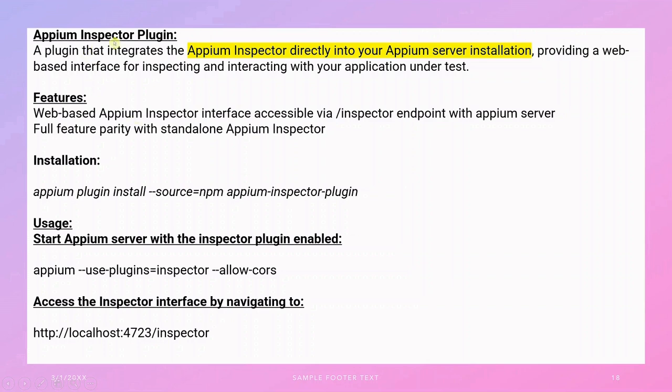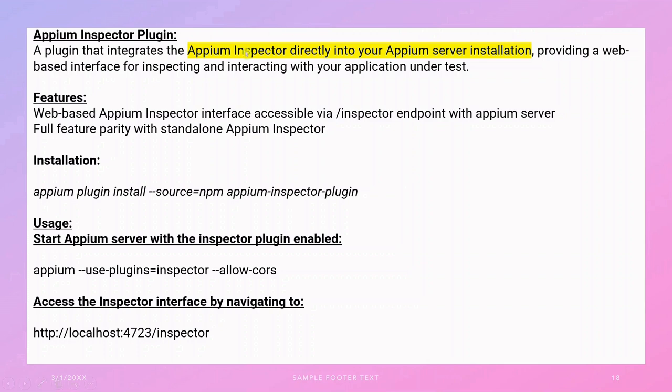By using the APM inspector plugin, this plugin integrates the APM inspector directly into the APM server installation. Means when you are starting the APM server, directly I can start the APM inspector there itself.